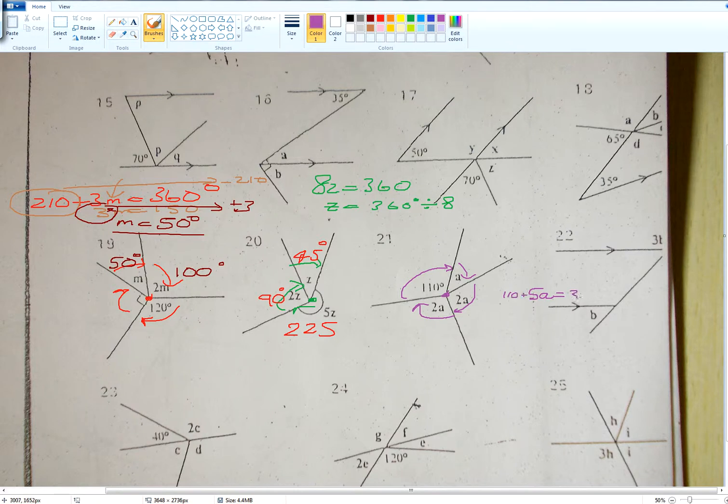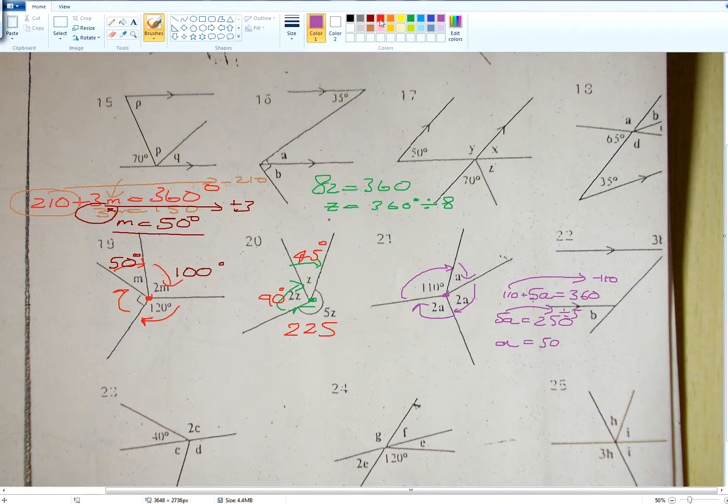So what's that all added to? 360. So the opposite of add 110 is minus. So 5A is equal to 360 minus 110, which is 250. And the opposite of times by 5 is divide. So A is equal to 50.